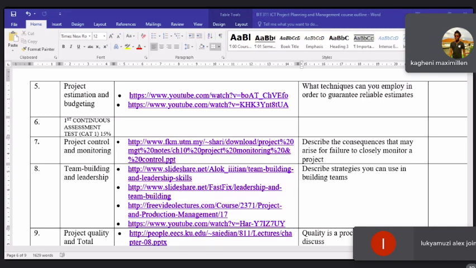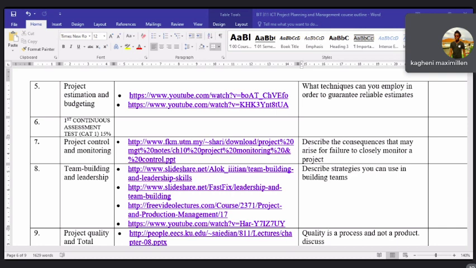Because, as Kato has said, when we are budgeting, we are really costing the project. The current costs may not be the future costs of the items which we have included in the budget.